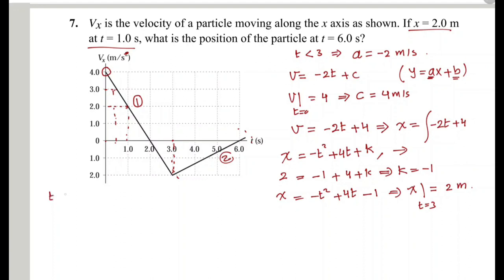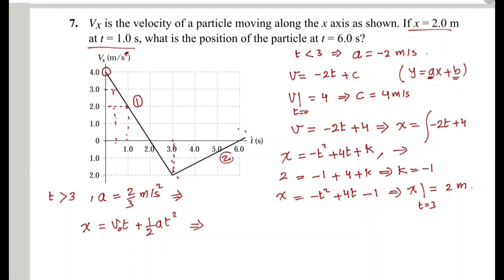Now for the second part, when t is greater than 3, a for this one is equal to 2 over 3 meters per second squared. And again, this is the slope of this line. Now in this case, the position x equal to v naught t plus half a t squared.